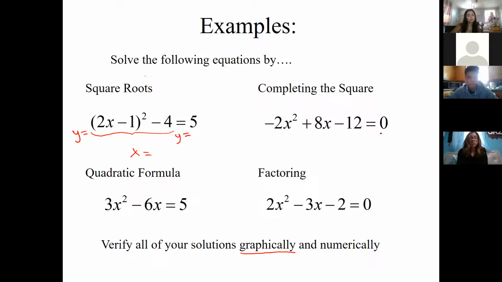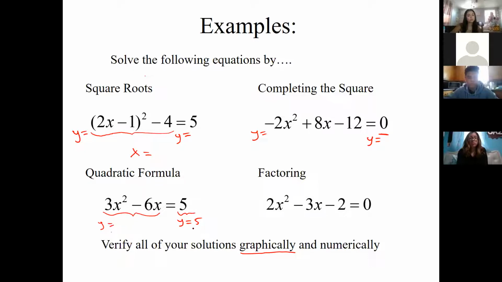And that's true for all of these. Since this one is equal to 0, this is where it would intersect the x-axis, and you would set this to y equals this. That's how you do it graphically. This would be one equation, this is the other. So you would say y equals 5, and y equals this.